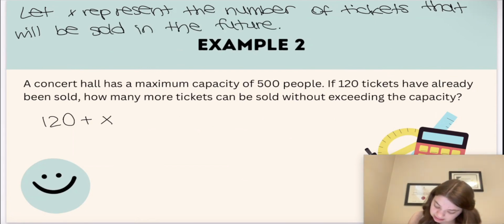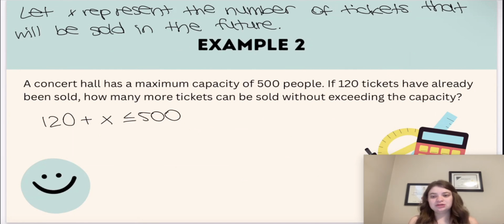And that's got to be less than or equal to 500. Now, I get that preferably it would be equal to 500 so that they sell out as many tickets as possible, but it's also possible they could sell fewer tickets overall than 500 and it just wouldn't be a full night, and that would work too.